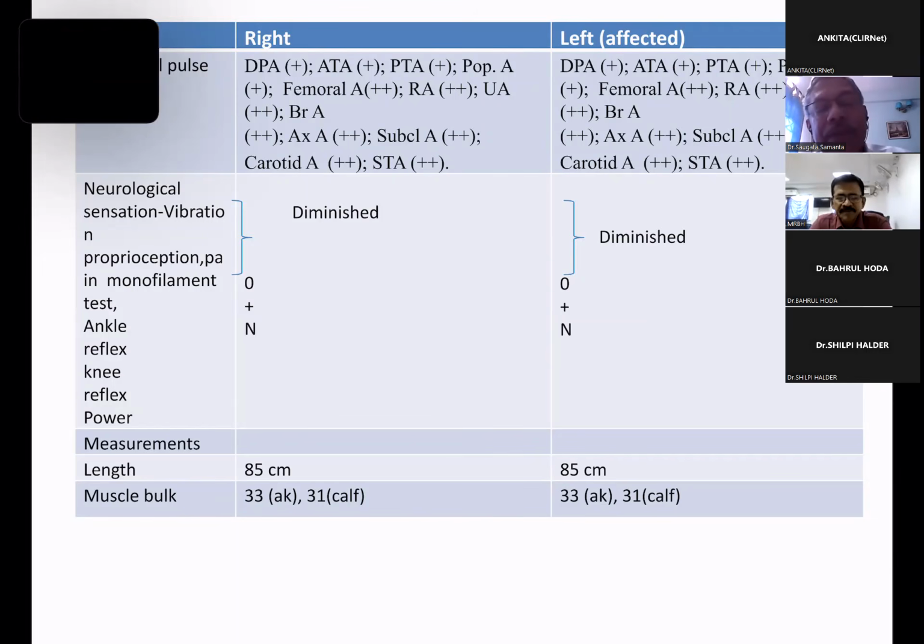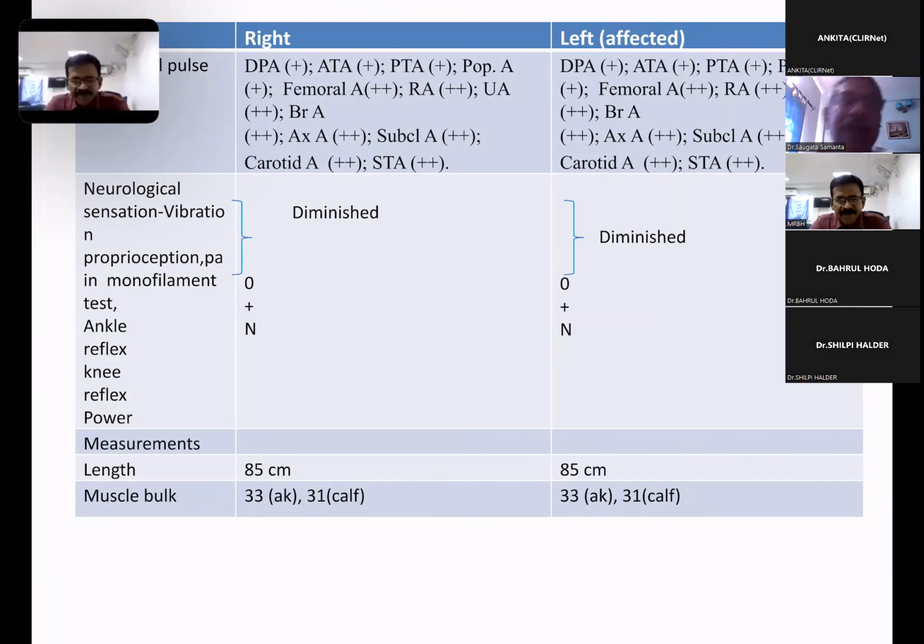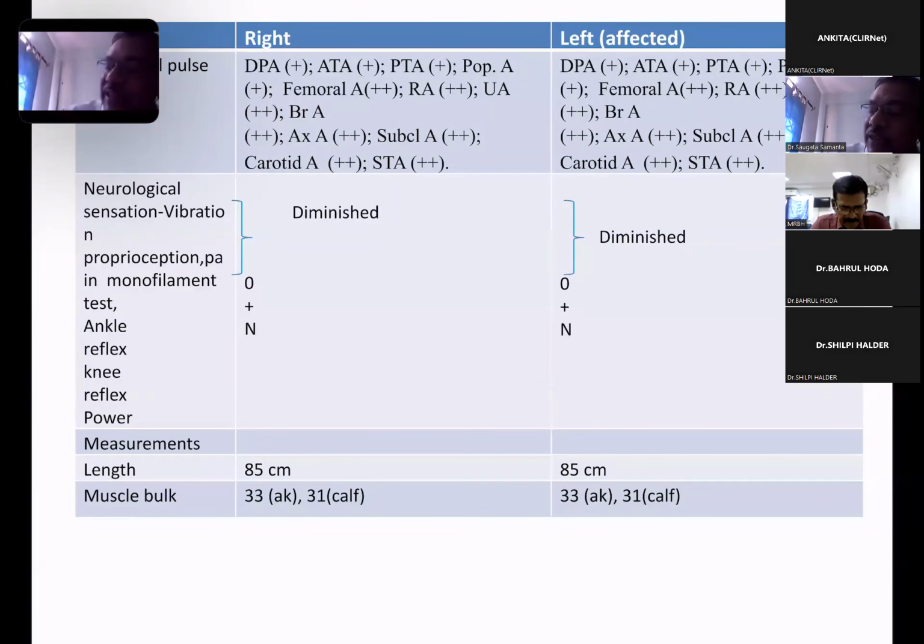This gives your fine sensation, 2-point discrimination. You can apply exactly 2 monofilaments and ask the patient whether he can appreciate that 2 points are being touched. So it is for fine sensation and also for 2-point discrimination. Basically, in the foot, there are 10 points. On the plantar aspect, there are 9 points. On the dorsal aspect, there is 1 point.